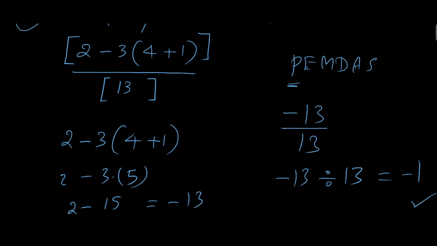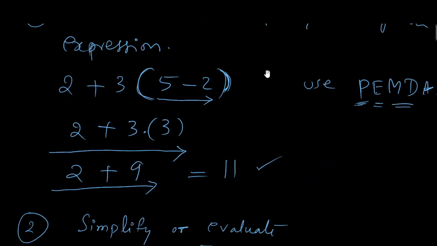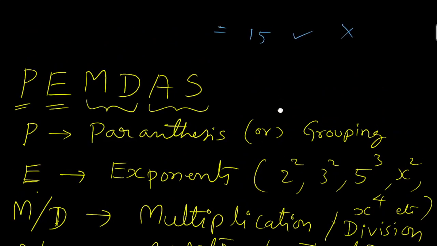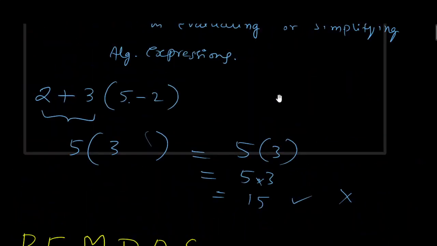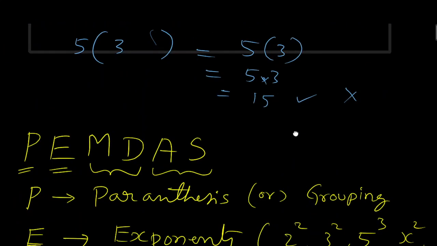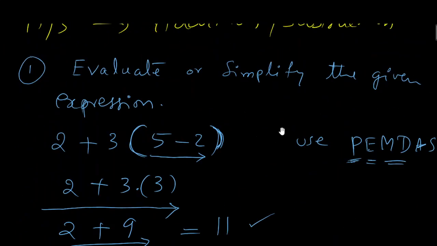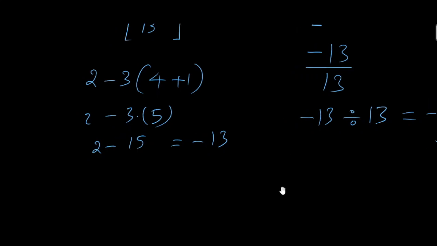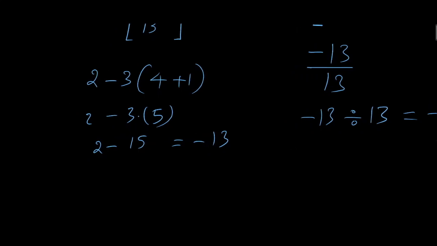So this is how we can utilize the PEMDAS rule in evaluating algebraic expressions. So very important. This is the second lesson in Algebra 1 chapter 1, order of operations. When we have variables also, we can use PEMDAS, but there is one more step we will use. Let me cover that also.